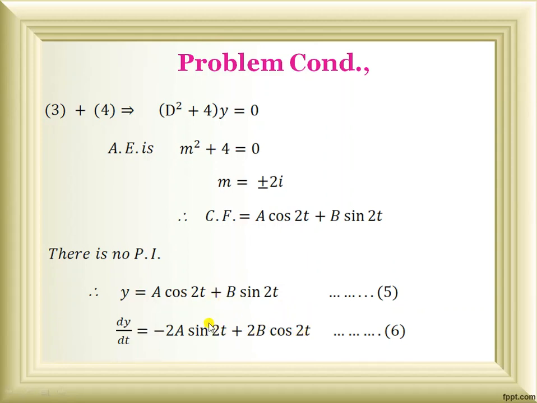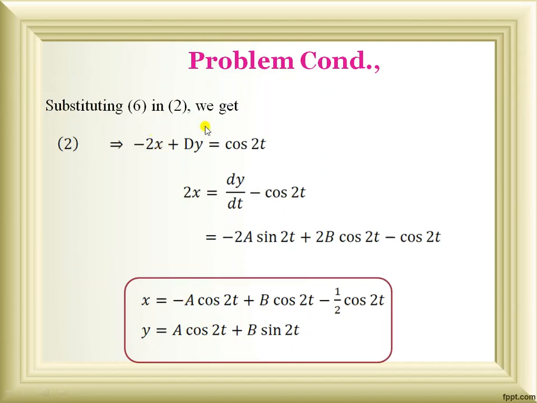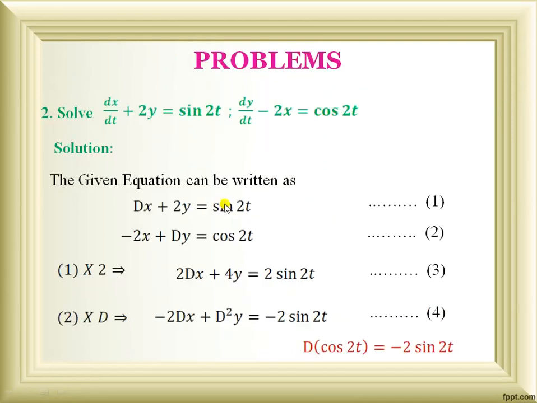I am going to use these two in any one of the given equations. Better to substitute in equation 2. Look at equation 2, because next I need to find the x value, right? Here in dx, here I have x alone. So therefore I am choosing the second equation for finding the x value, because while I am substituting y here, I need to differentiate something in this particular equation.